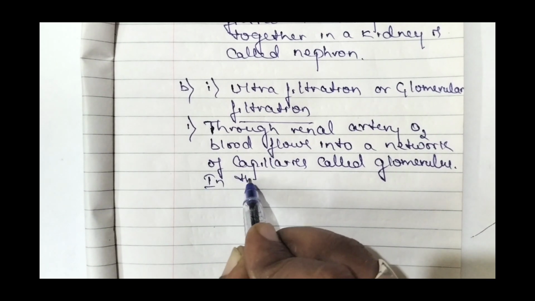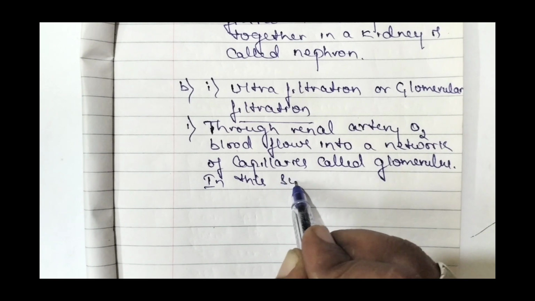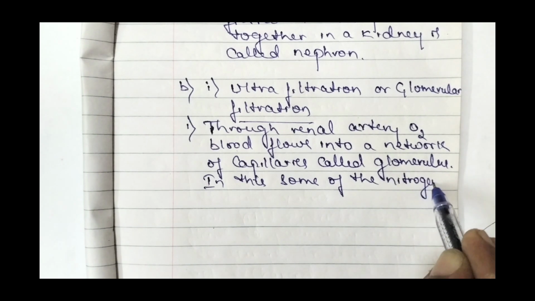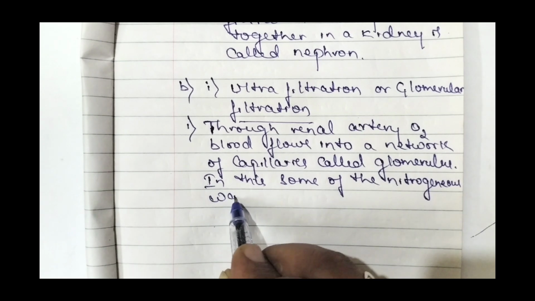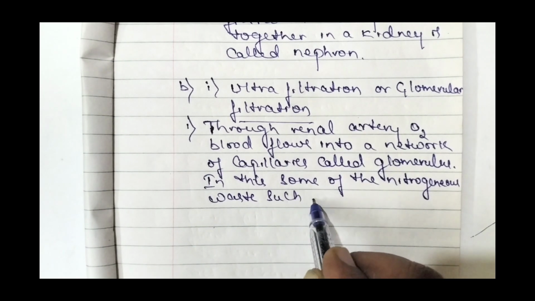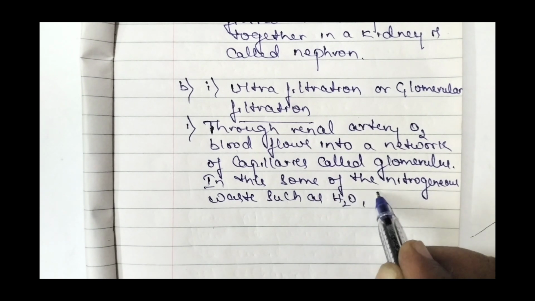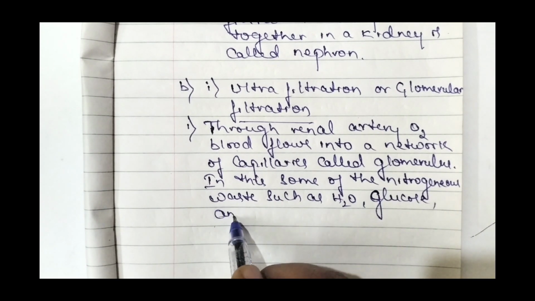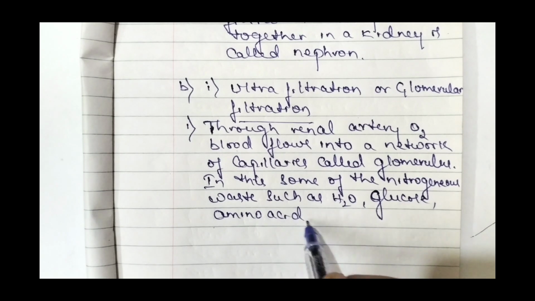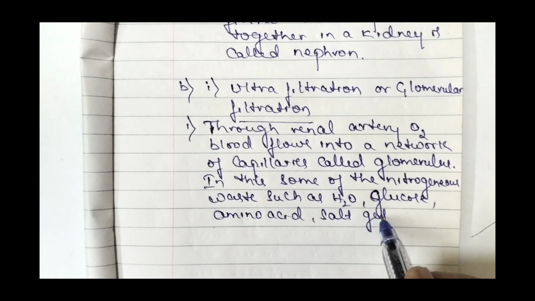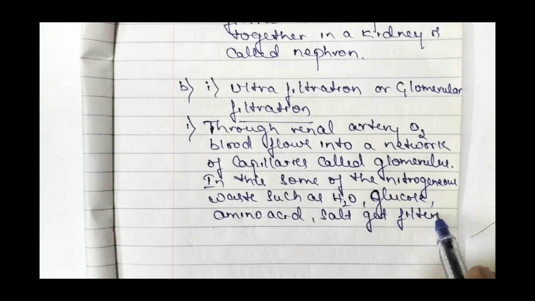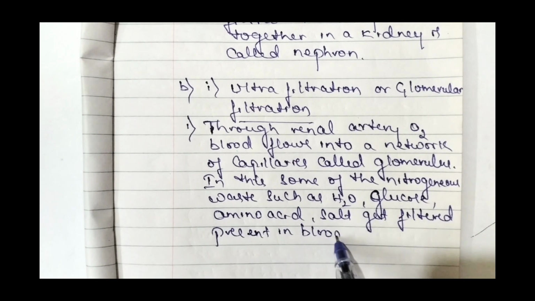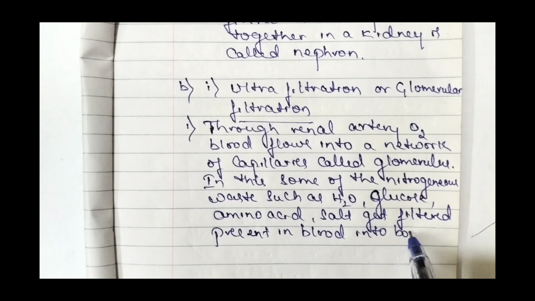In the glomerulus, some of the nitrogenous waste, such as water, glucose, amino acids, and salts present in the blood get filtered into Bowman's capsule.